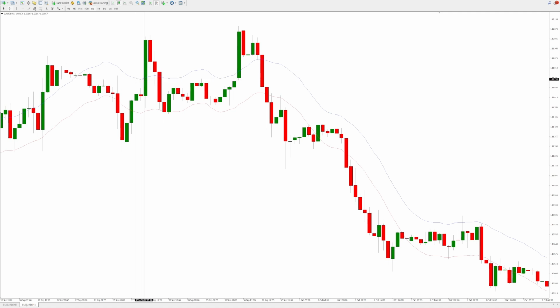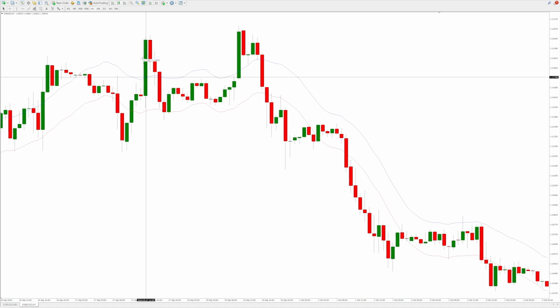So for example, here, if you were trading reversals of the envelope, when price was to break out, you would have taken a sell trade. And to be honest, this is not a good example because you would have had to have a stop loss around 30 plus pips, which is not ideal.